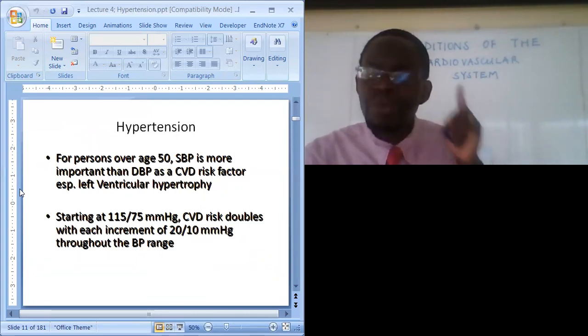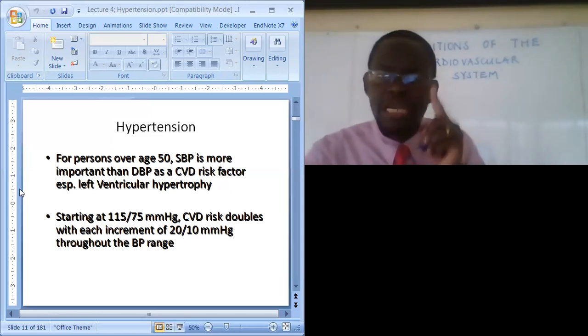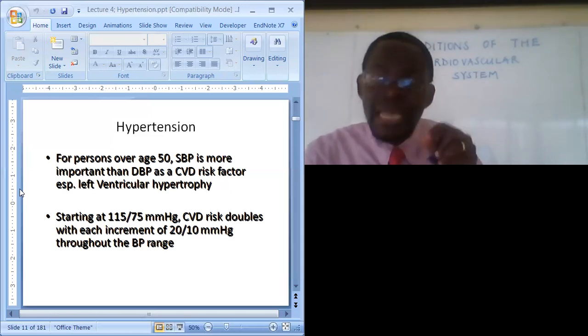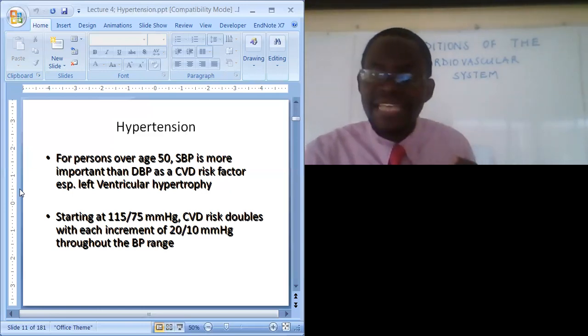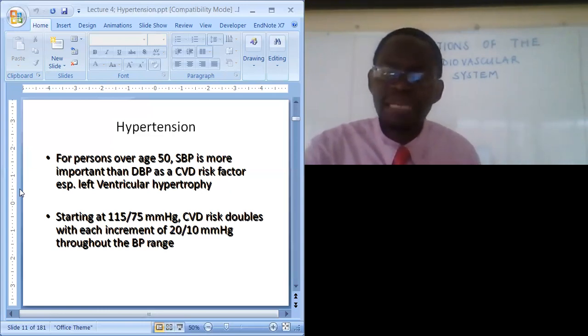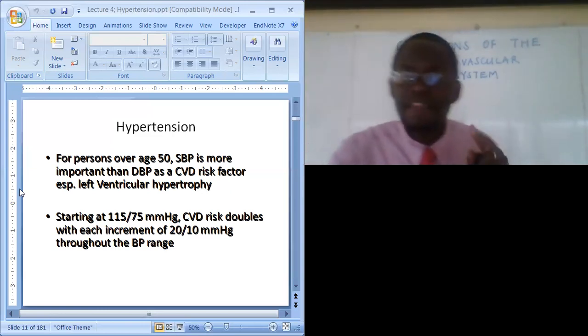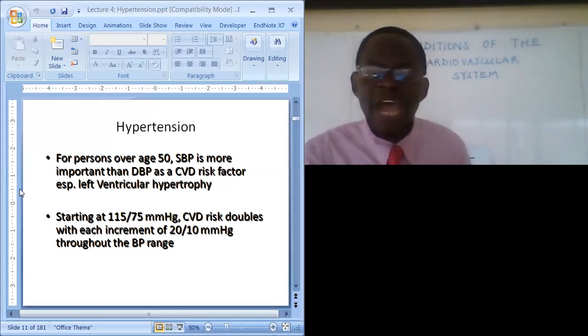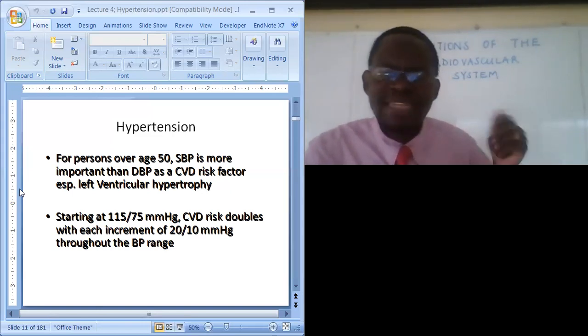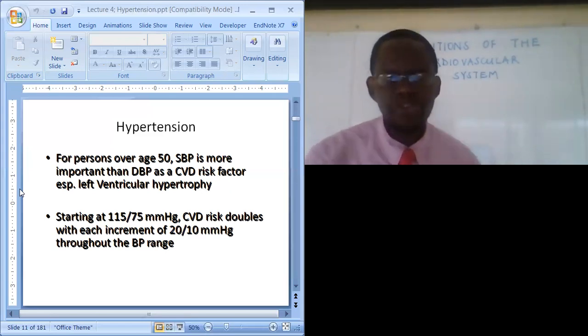Remember, we said that the systolic blood pressure is determined by the cardiac output. If the cardiac output is consistently too much, it means that the ventricles will hypertrophy, trying to push this blood.